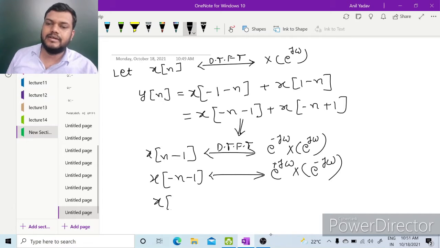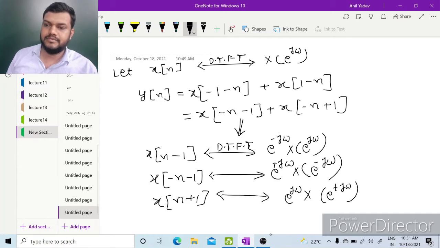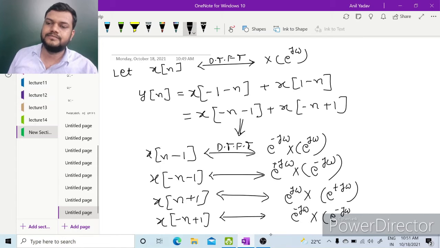And if x of n plus 1 has DTFT as e to the power j omega times X(e to the power j omega), then replace n with minus n plus 1, this will have DTFT as e to the power minus j omega times X(e to the power minus j omega).